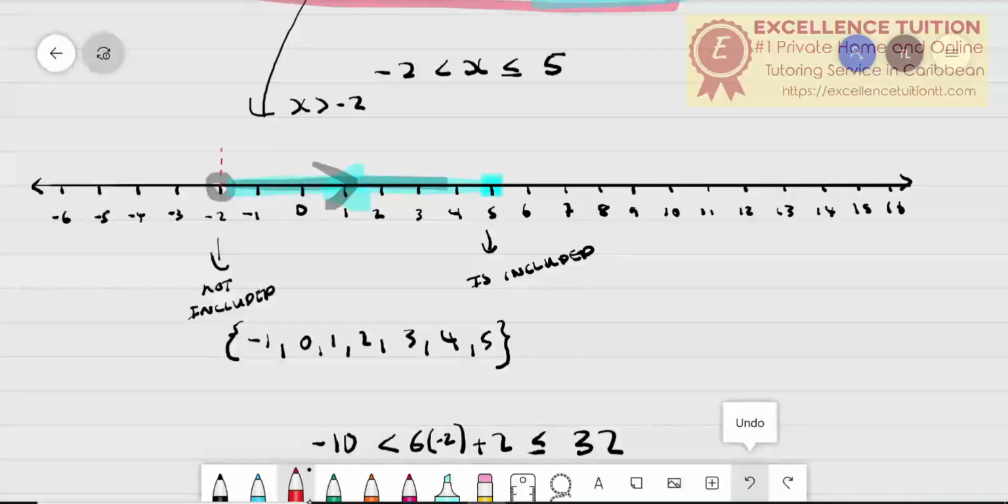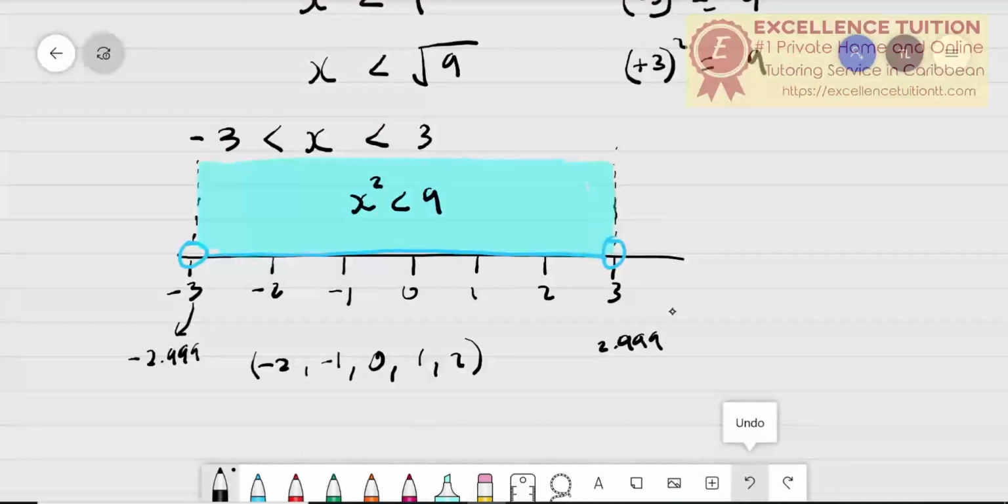So we could write a dotted line here to show that it doesn't include that, and write a line here to show that it does include the 5. So this is the region that we are concerned with. See it, guys? So long as it's not equal to 3, okay? Then the answer we get is not going to equal 9 if we put negative, remains true.